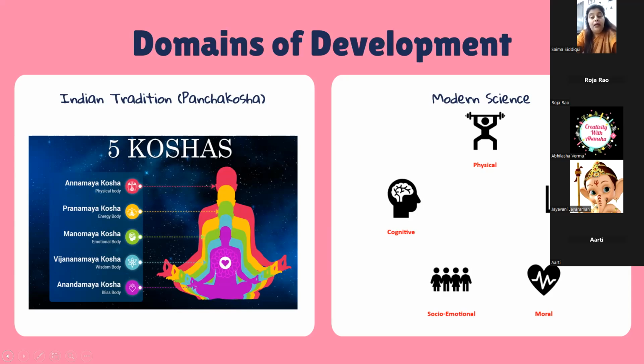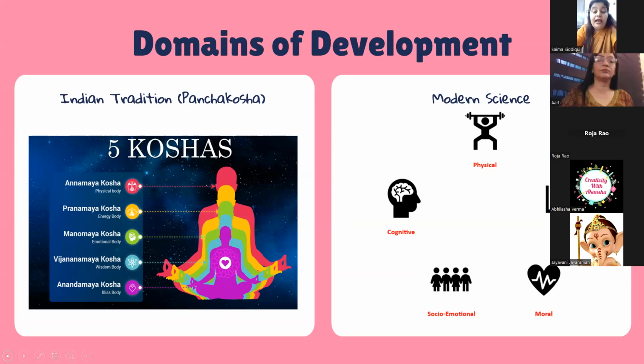The next comes the socio-emotional and ethical development, which is Manomaya Kosha, which is related to the cognitive development and the mental development of the child. These domains involve emotional awareness and regulation, as well as ethical and social understanding in the child. For example, the thoughts that are coming to the mind of the child. What are the feelings at various stages of life?